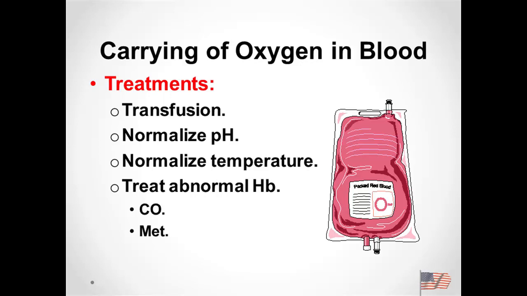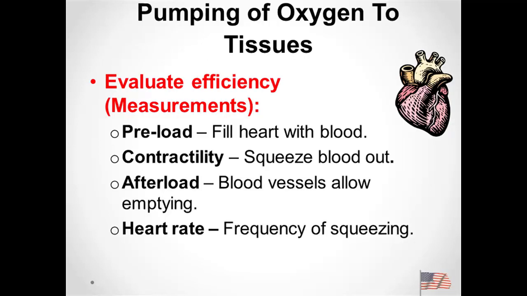So it's a pretty profound anemia you have to have before they'll do something about it. And abnormal hemoglobins, obviously, we can treat pretty aggressively. It just doesn't go away.